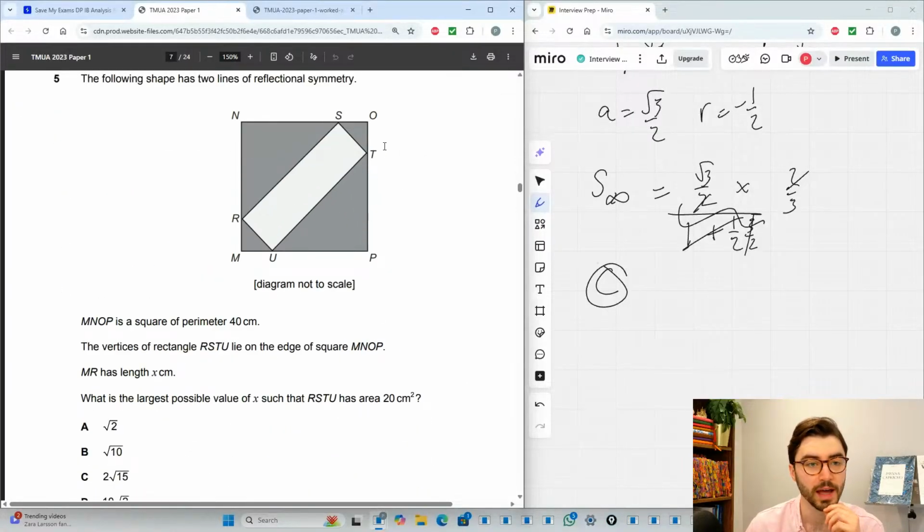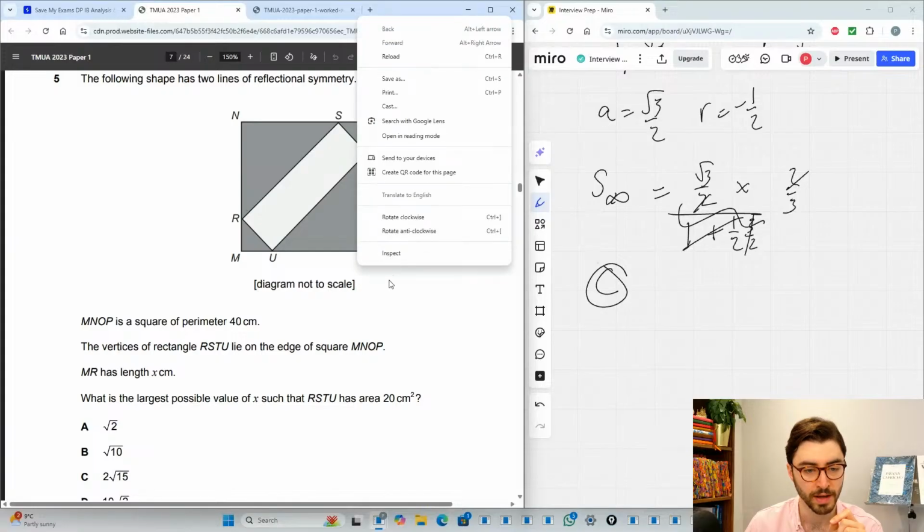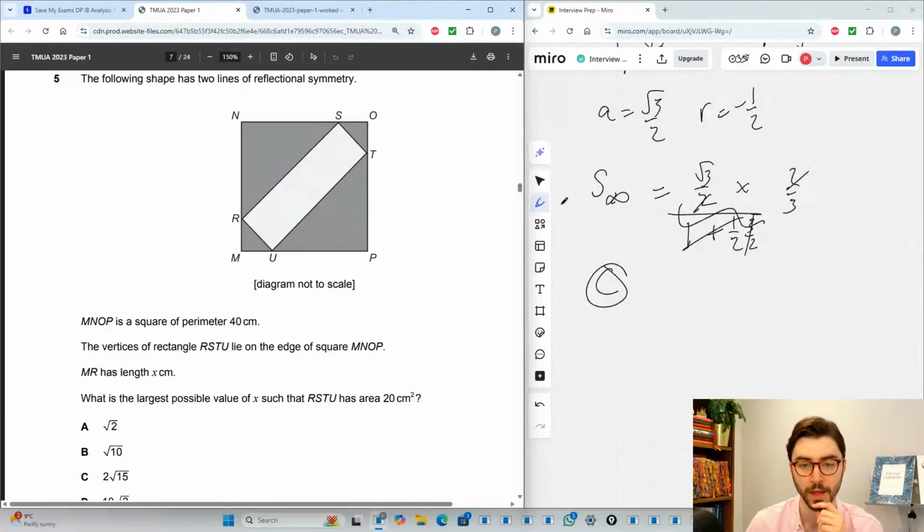The following shape has 2 lines of reflectional symmetry. Yes, it does. MNOP is a square of perimeter 40, so it's a side length of 10. Vertices of these shapes lie on the edge of the square. MR has length x. What's the largest possible value of x such that... Okay.